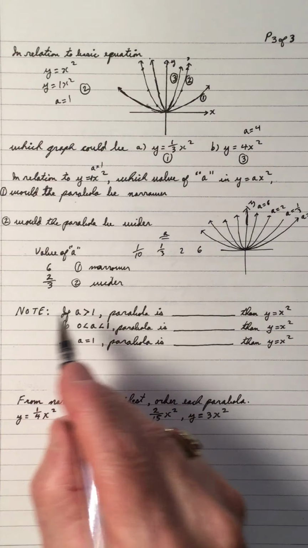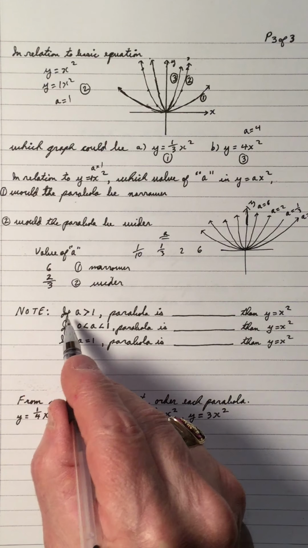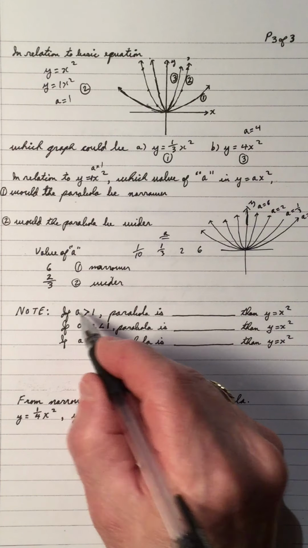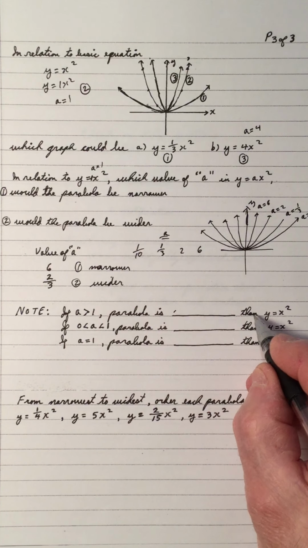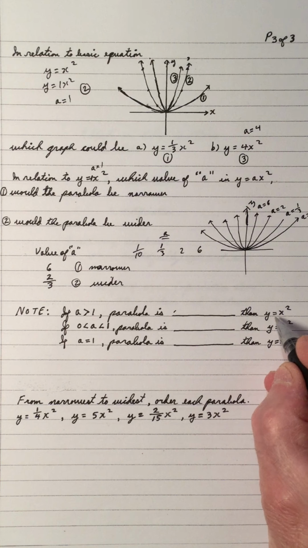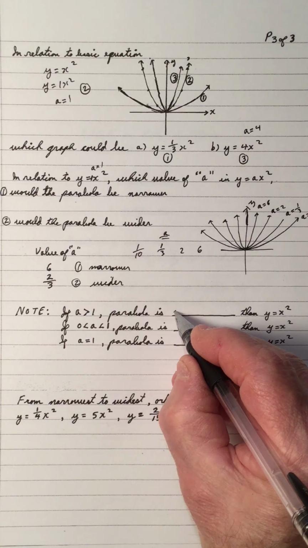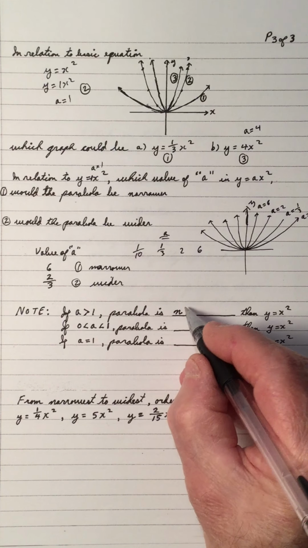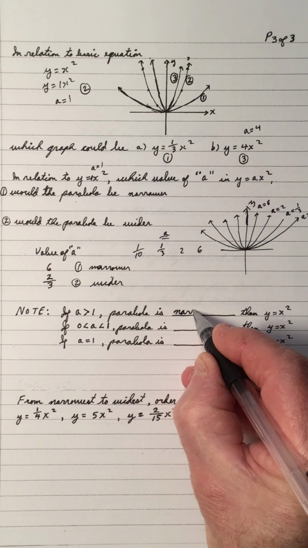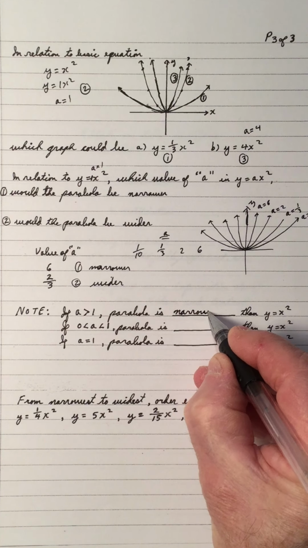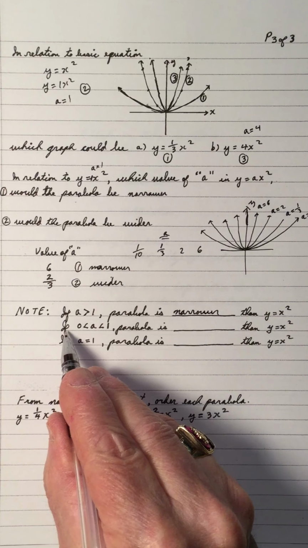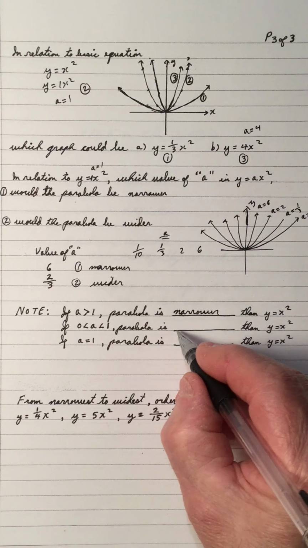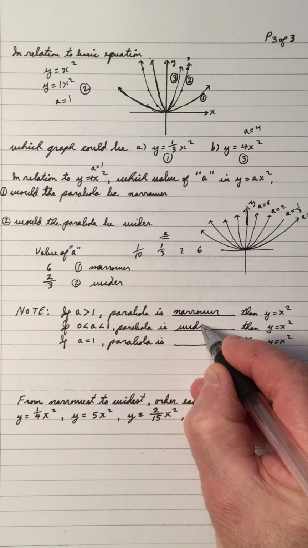So let's sum it up. Note, if A is greater than 1, the parabola is narrower compared to y equals x squared. If A is greater than 1, that means A is 2, 3, 4, 5, it's going to be narrower. If A is between 0 and 1, the parabola is going to be wider.